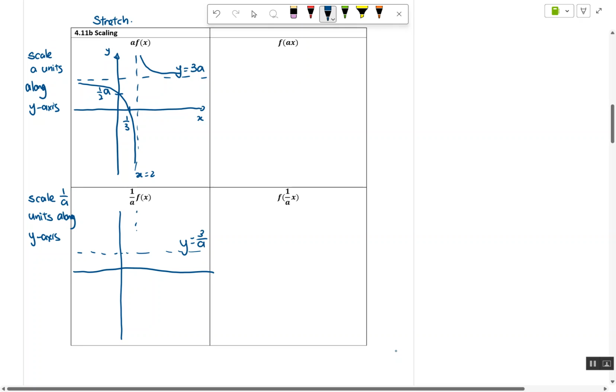The x doesn't change. This will go to here. This will go to here. The x-axis becomes 1 over 2a. The a is a denominator. So when you times 1 over a, the whole graph becomes smaller.